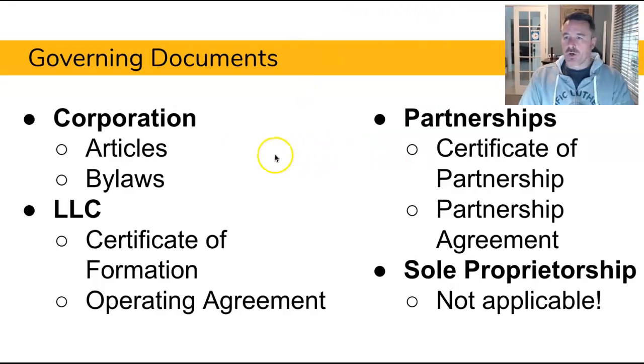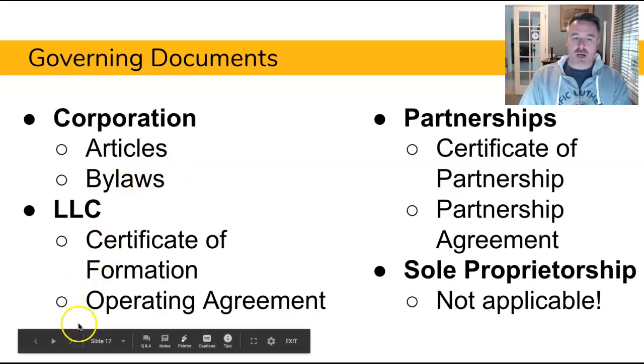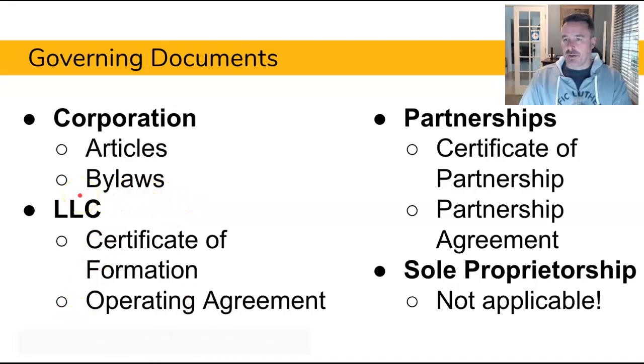Okay, so in a corporation, when you create your entity, that form you fill out on the Secretary of State, that's called your articles. The bylaws are the agreement among the shareholders about how the company is going to be operated. Bylaws are not required, but it's a terrible idea to not have them.